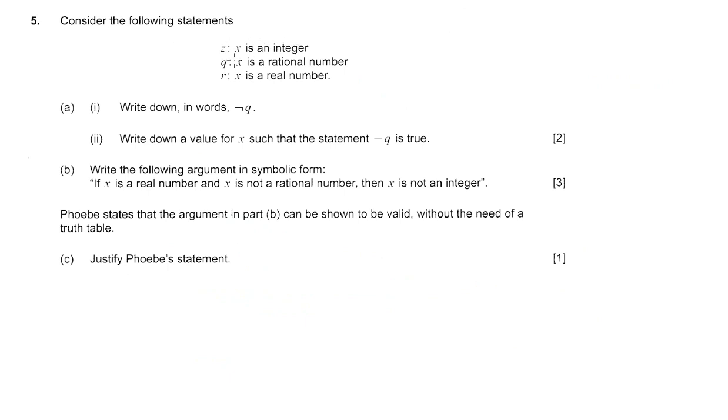Consider the following statements. Z, x is an integer. Q, x is a rational number. And R, x is a real number. Write down in words, not Q. So Q is x is a rational number, so we would say x is not a rational number.